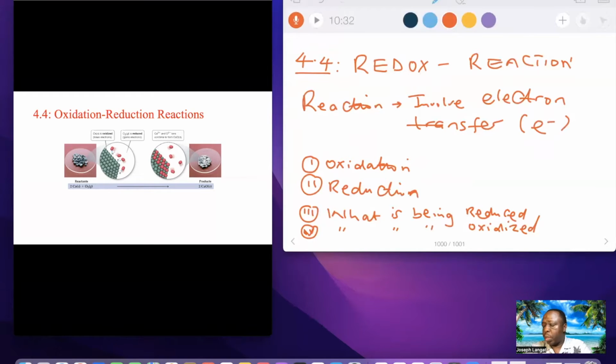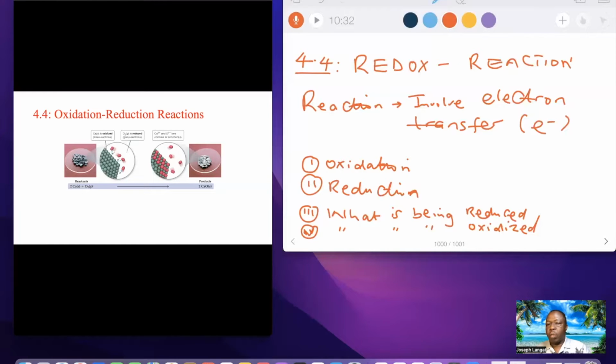By the end of this subsection, I'll have explained to you the 6 terms you should keep at your fingertips. You will see in the exam the definition of oxidation, definition of reduction, and in a redox reaction, you should know what is being reduced and what is being oxidized.